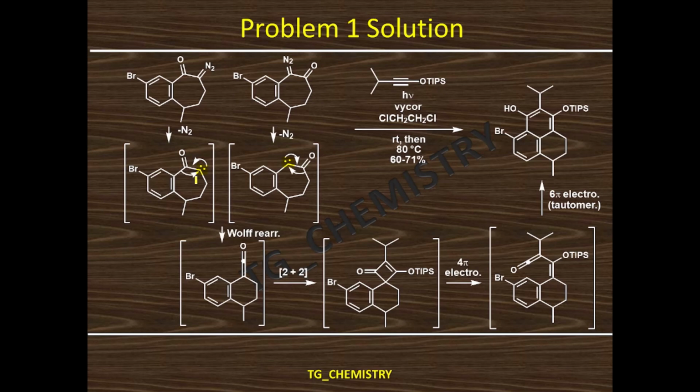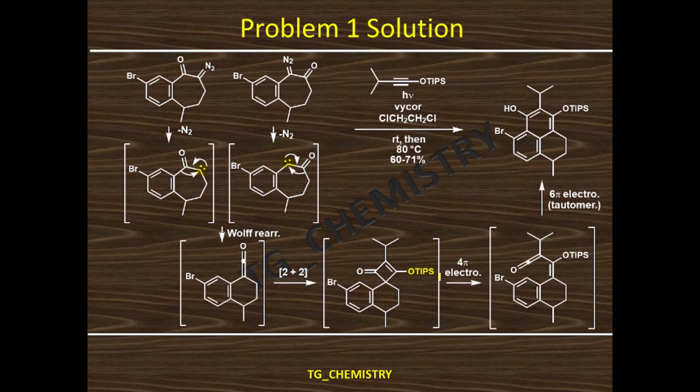This is the tricky part. With the arrow it's shown here how the carbene will be generated. Then the ketene will react with the alkyne part in a 2+2 cycloaddition reaction to form a spirocyclobutanone ring structure, with the substitution still on with the isopropyl silyloxy group.